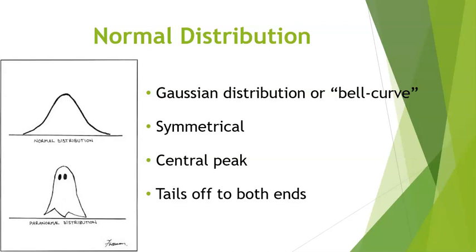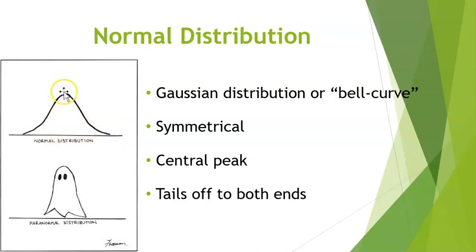So we were talking about frequency distributions, and when talking about those, a lot of times we'll talk about this thing called a normal distribution. So a normal distribution is pretty much just a perfect bell curve. The mean is directly in the middle and both sides are symmetrical. So you could fold it in half.